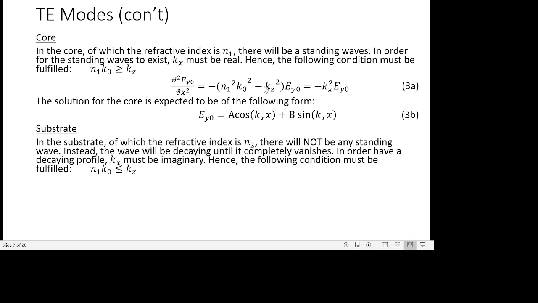So we have to make sure k of z is larger than n of 1 times k0, and this term is going to be minus alpha 2 squared.